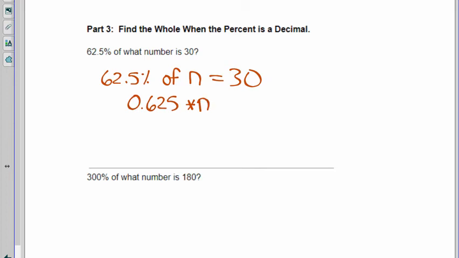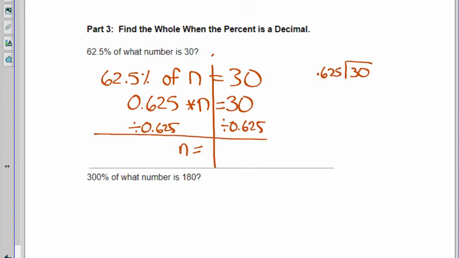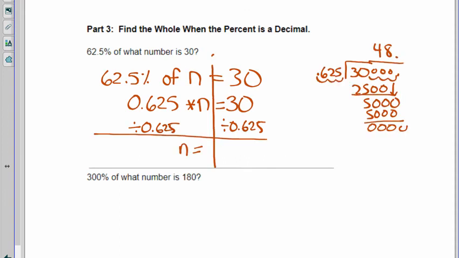Of is times, n equals 30. Well, all right, now I can deal with this. How do I get rid of a times 625 thousandths? I divide by 625 thousandths, and I can do that if I do it to both sides. Coming over to the side here to do my arithmetic, I get 48. And so that's my answer.